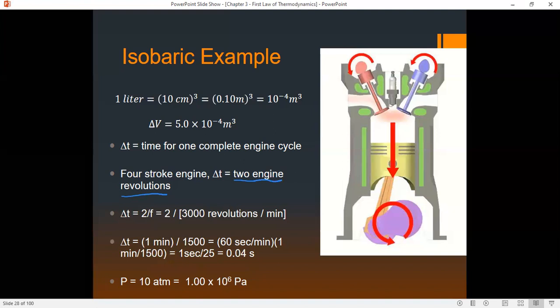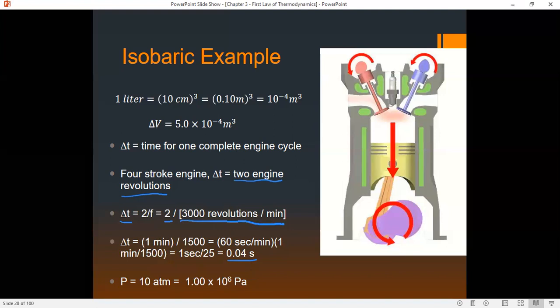So here, delta T is going to be equal to 2 divided by 3,000 revolutions per minute. Going to change 3,000 revolutions per minute to, there's 60 seconds in a minute, and in every 1 minute, we get 1,500 rotations. So that gives me 0.04 seconds between each cylinder firing, okay?